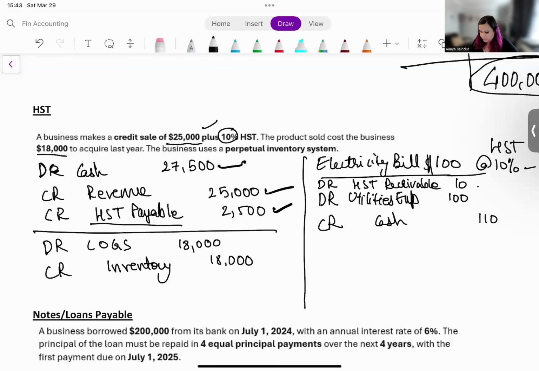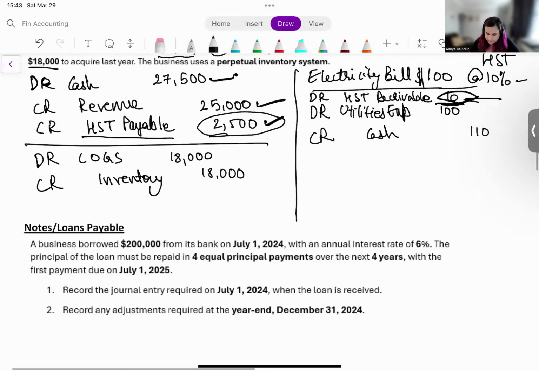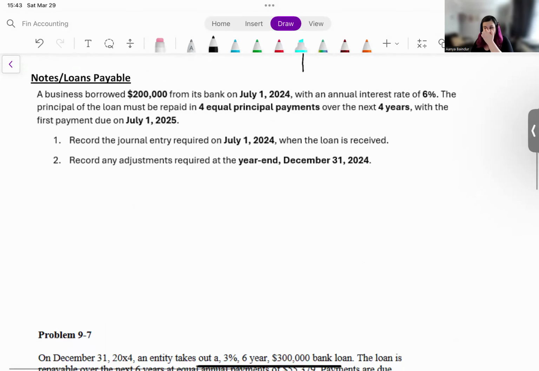Once you make the sale, at the end of the year, the government will give you back this amount. So the amount you have to pay to the government will be the 2,500 minus the $10, and that's the amount you'll have to remit to the government at the end of the year. So remember, any HST that you pay on inputs gets refunded to you at the end of the year. But at the same time, when you make sales, you'll collect HST on the company's behalf. Let's go to the next part, which is loans and notes payable.